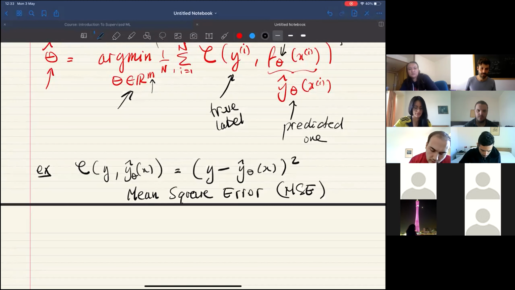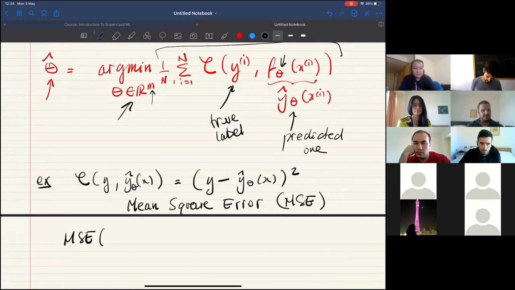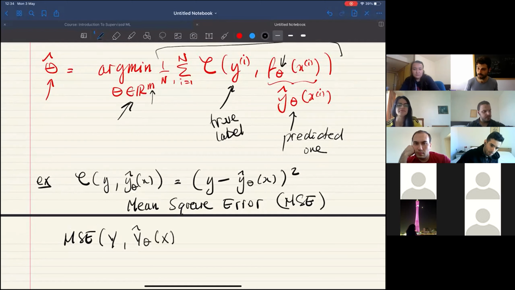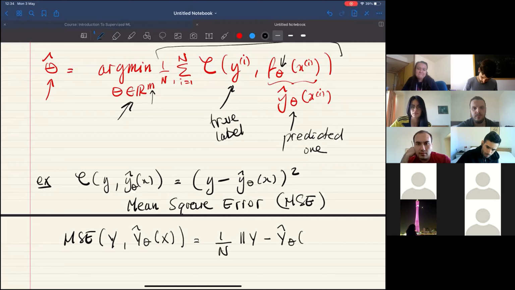Yes, so the meaning of the MSE, concretely the MSE between, let's say, the vector of true labels and the vector of outputs by your model, which depends on the matrix of inputs. Now I'm writing things in matrix form. It is 1 over n times the square deviation between the true labels minus your predictions.